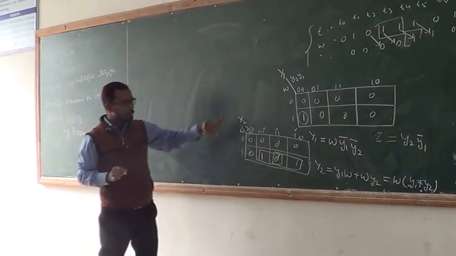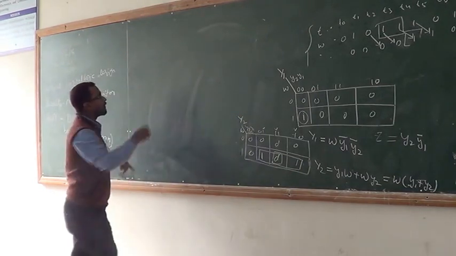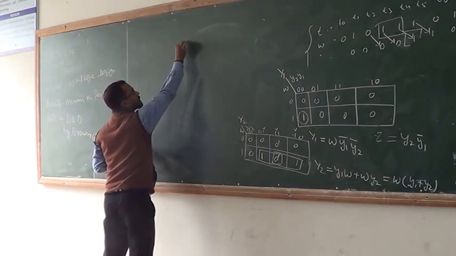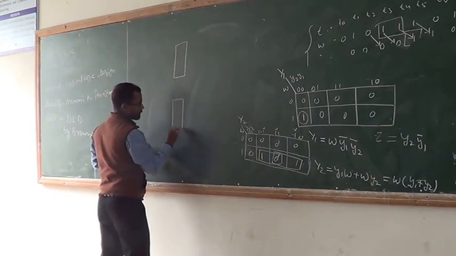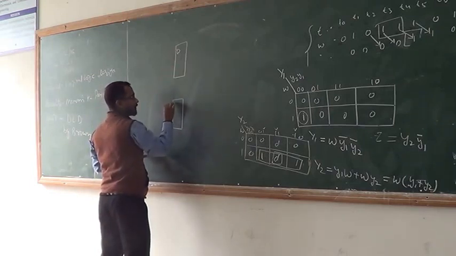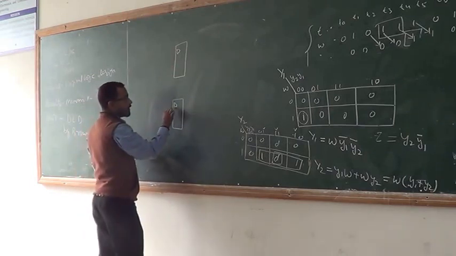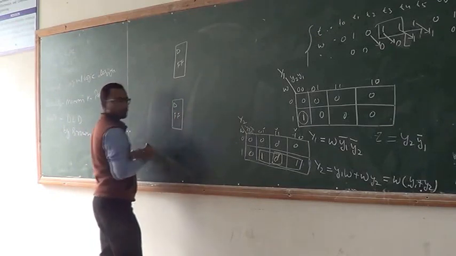So, according to this, how many flip-flops do I design here? 2. We design our 2 flip-flops, the first flip-flop and the second flip-flop. This is a D flip-flop. Therefore, I write down the D, and this is a flip-flop, written as FF.